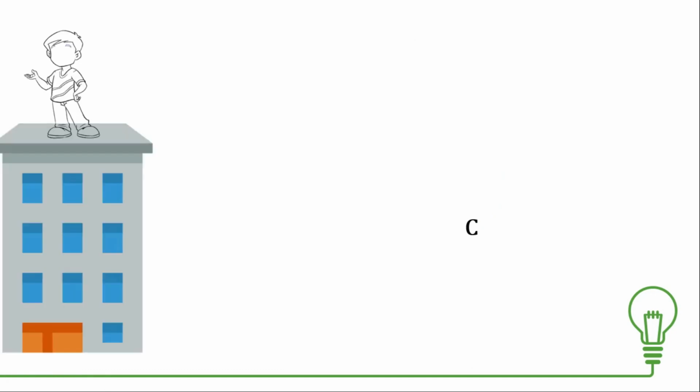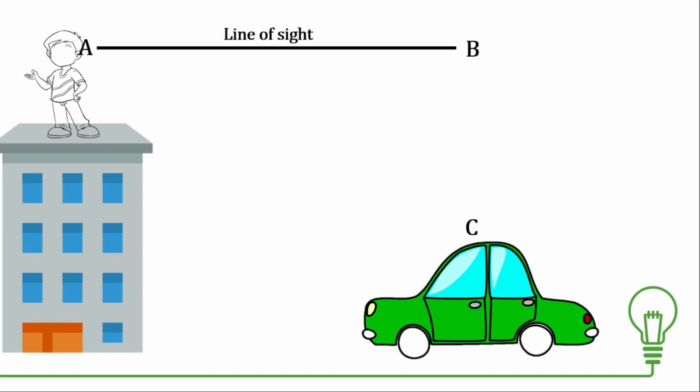Next, how are we going to define angle of depression? Alright, suppose that you are standing on the top of a building. So you represent A, and then your line of sight would be represented by line AB. Now in this case, the object that you are looking for is below your line of sight. Suppose that you are looking for point C and it is represented by a car.